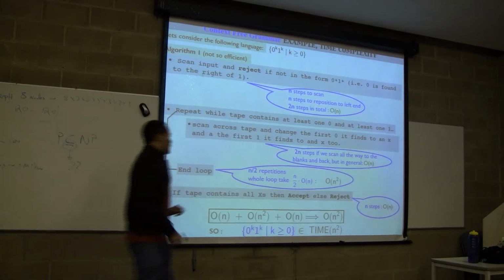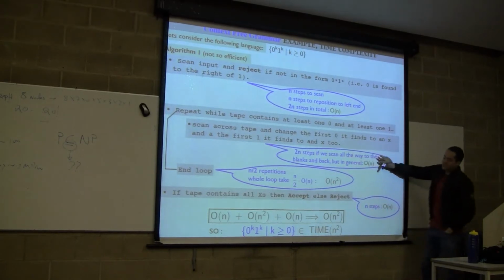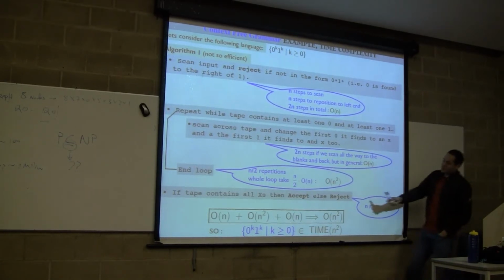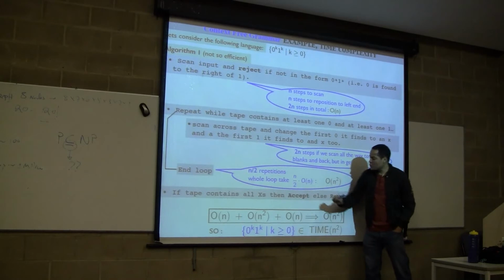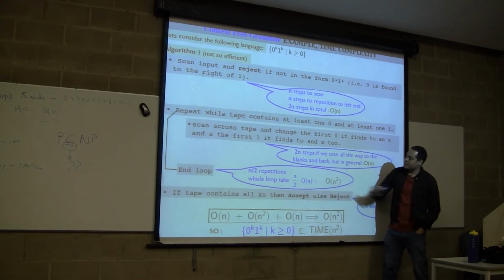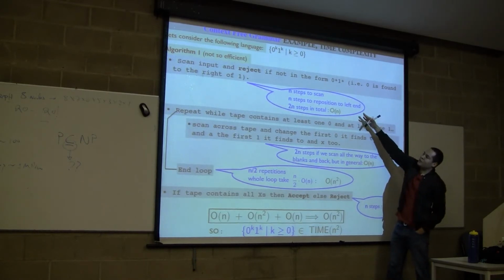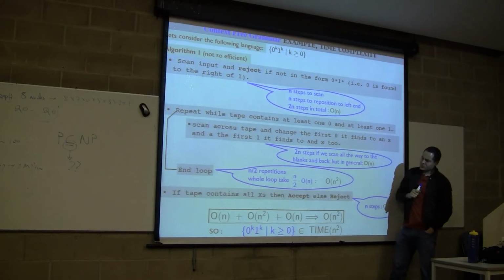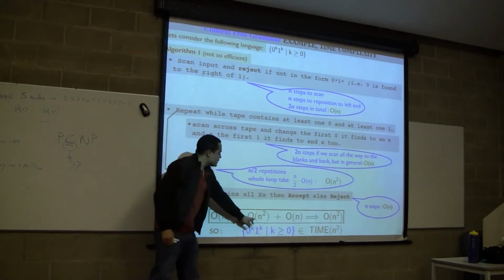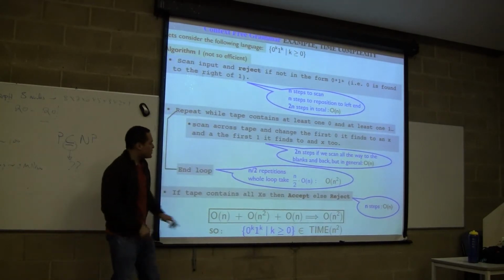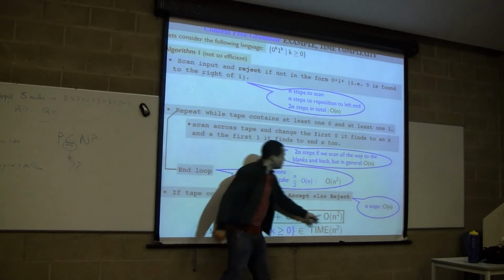So the whole loop might take n over 2 times the order n of the body of this loop, and here I just multiply and ignore the coefficients, and this takes order n squared, so it's polynomial time. Okay? And in the end, when I do this kind of analysis, I sum all these orders, in this case order n plus order n squared and so on, and then I just take the higher order term because I just want asymptotic values, and then I get an O(n squared) algorithm.